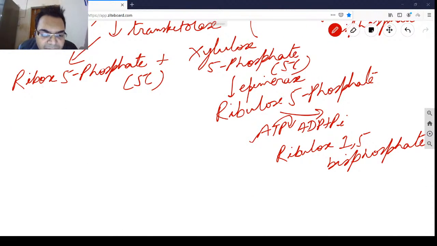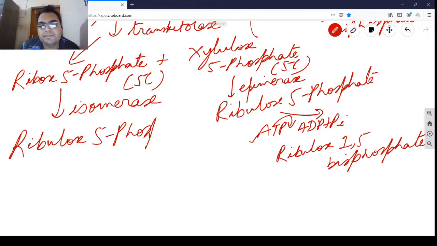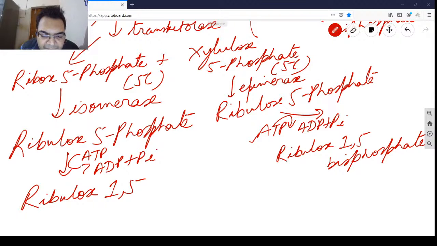Now this is ribose 5-phosphate remaining. It will go in an isomerization reaction to produce ribulose 5-phosphate. Now again ATP, ADP plus Pi will become ribulose 1,5-bisphosphate by the enzyme ribulose 5-phosphate kinase.